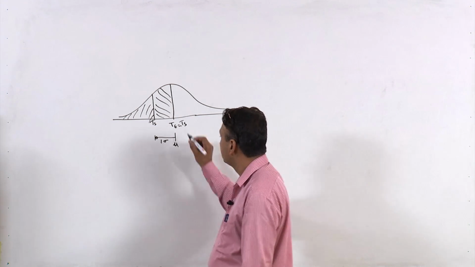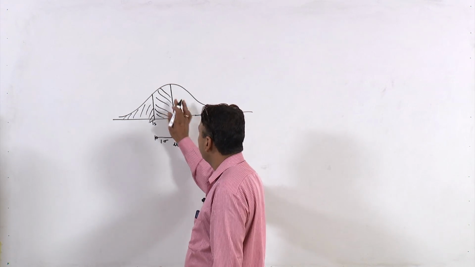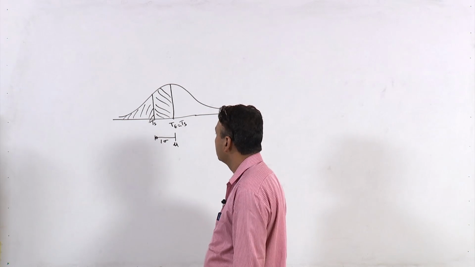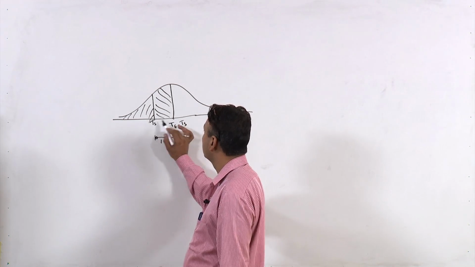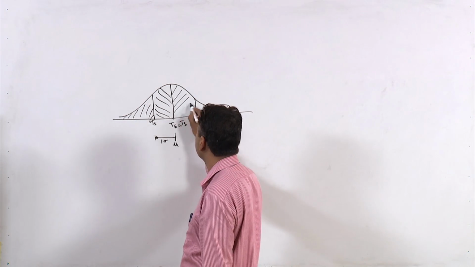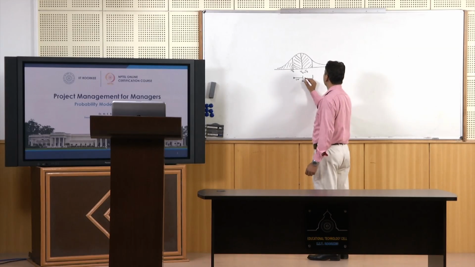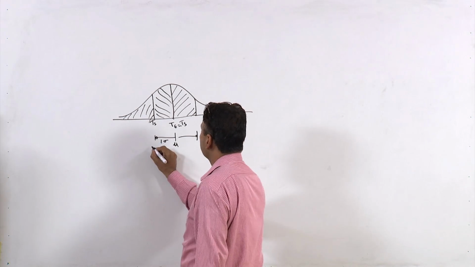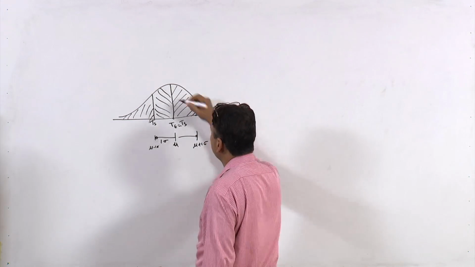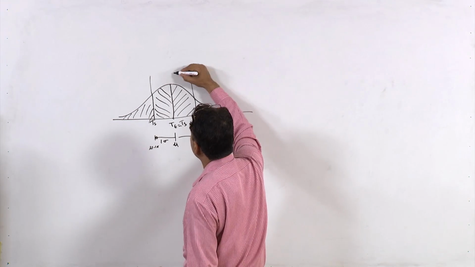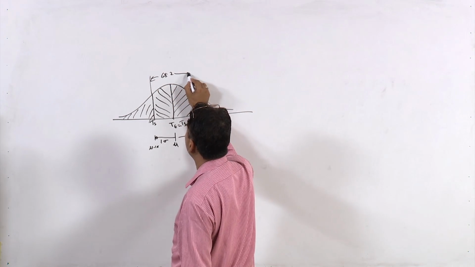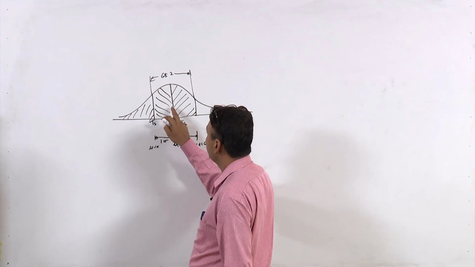I know that this total area is 50%, and one standard deviation towards left and towards right covers 68.2%. So this is mu minus 1 sigma and this is mu plus 1 sigma, and this area is 68.2. What would be this area?